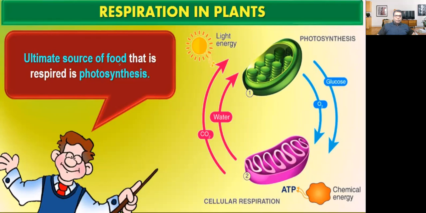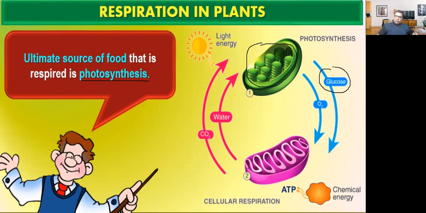The ultimate source of food that is respired is photosynthesis. Whatever food is respired is the product of photosynthesis. You have already learned photosynthesis. There are chloroplasts, within which photosynthesis takes place.